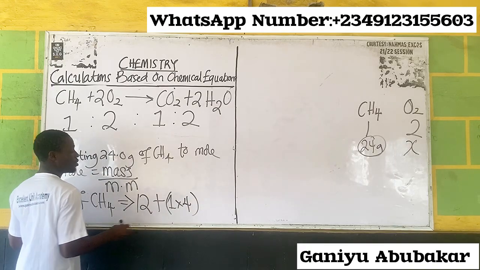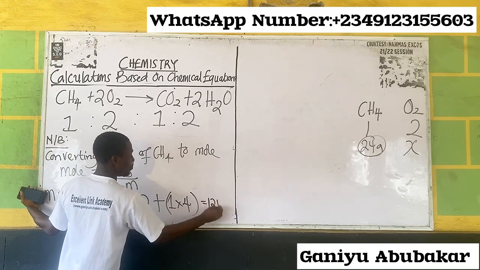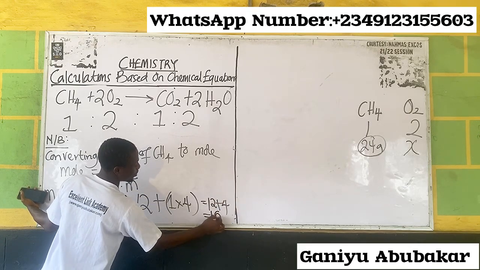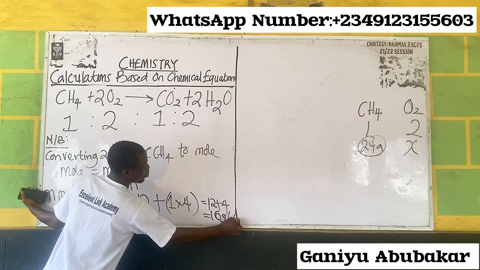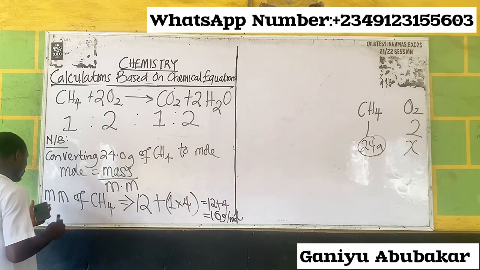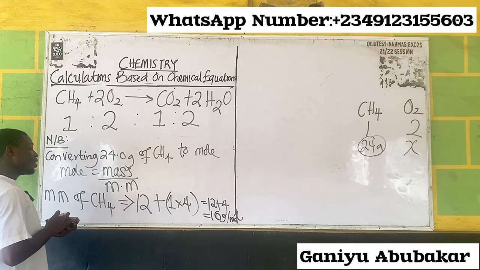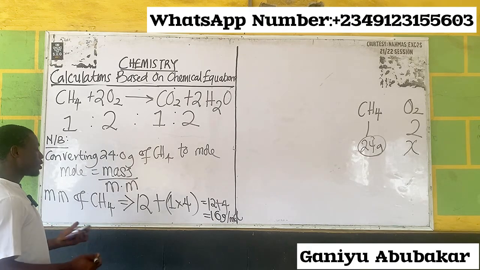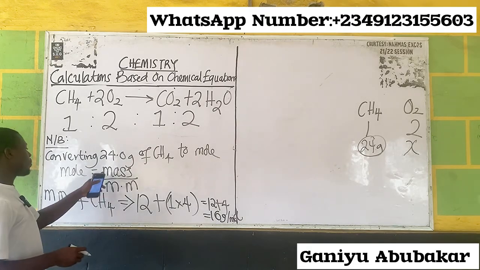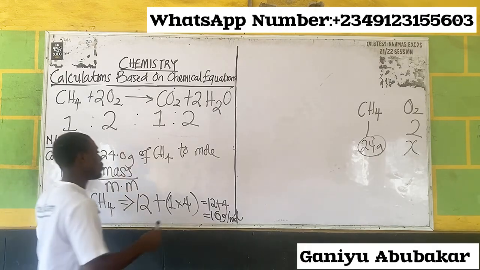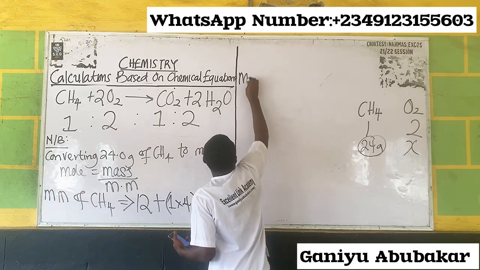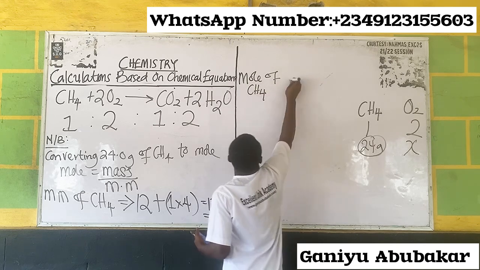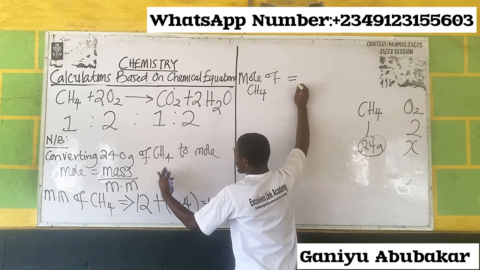That gives you 12 plus 4, which gives you 16 gram per mole. All right, 16 gram per mole. From here, let's now put mass and molar mass to get the mole of methane. So the mole of methane, CH4, will be equal to what there? Mass of methane, that's 24.